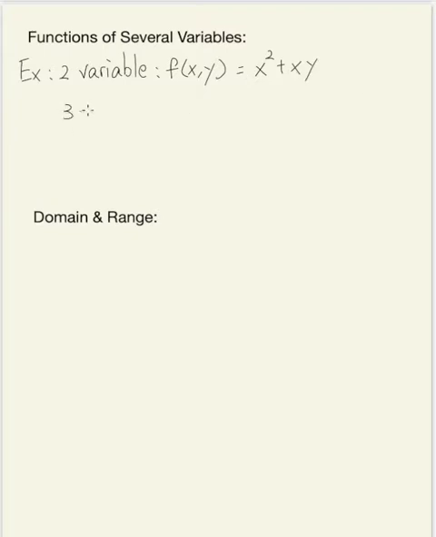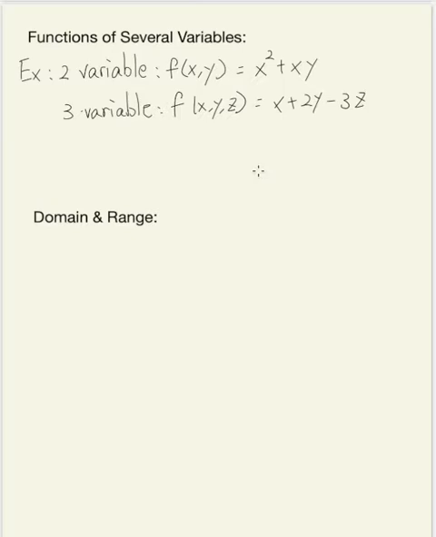And similarly, for a function of 3 variables, we have f of x, y, and z, say equals x plus 2y minus 3z. So very straightforward. These are functions of several variables.